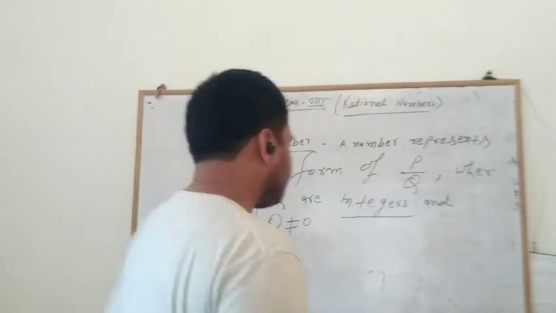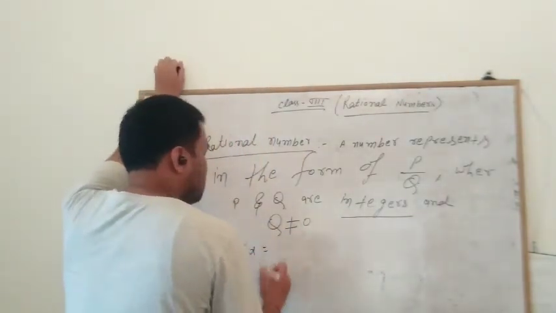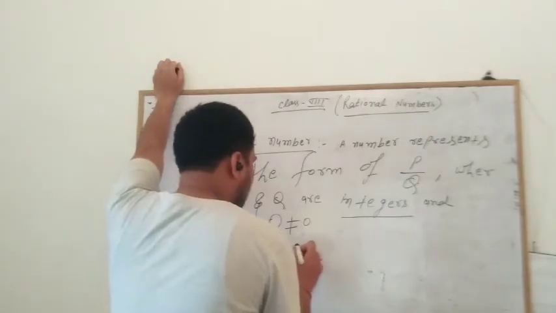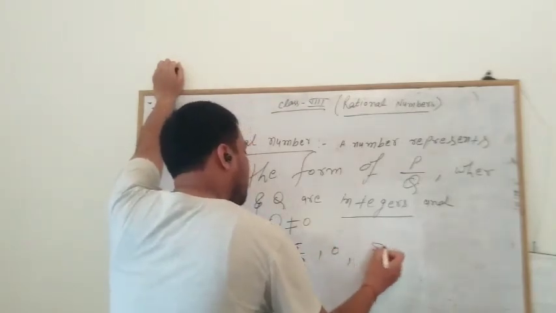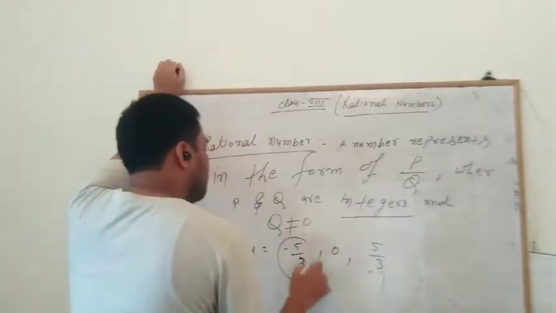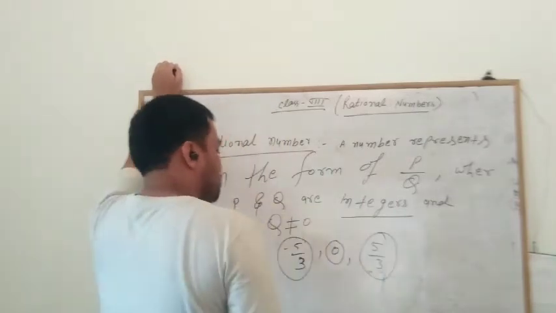Some examples of rational numbers are minus 5 by 3, 0, and 5 by 3. Minus 5 by 3 is a negative rational number, 0 is also a rational number, and 5 by 3 is also a rational number.